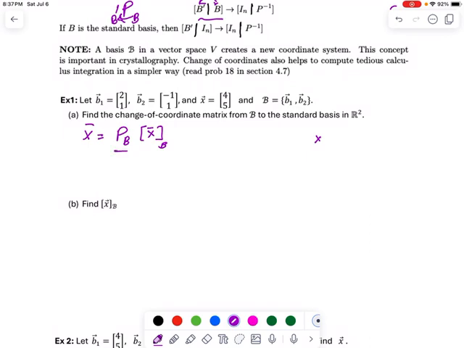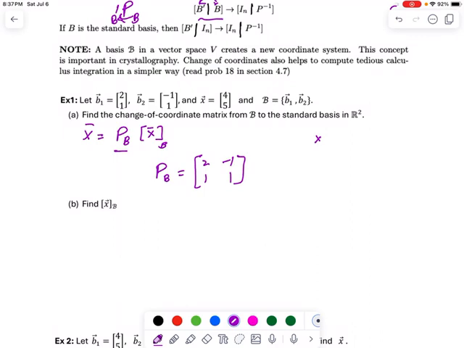So what is the change of coordinate matrix from B to the standard basis? This is the matrix that you will obtain by using the columns of B. So P_B will be 2, 1, negative 1, 1. That is P_B. Now it says find X_B.